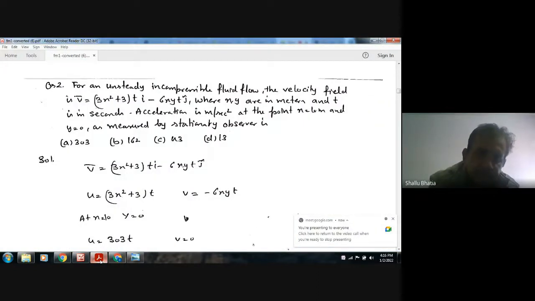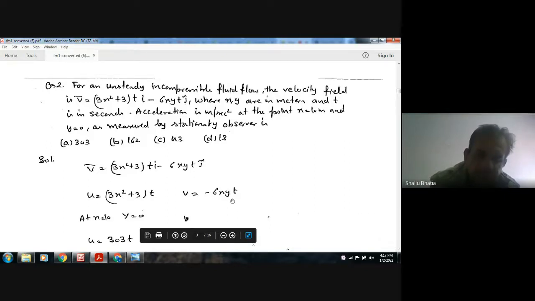The acceleration in meter per second square at point x equal to 10 meters and y equal to 0, as measured by a stationary observer. So here V vector is this quantity: u is 3x square plus 3 and v is minus 6 by t.